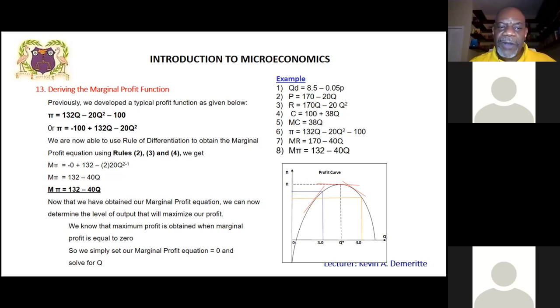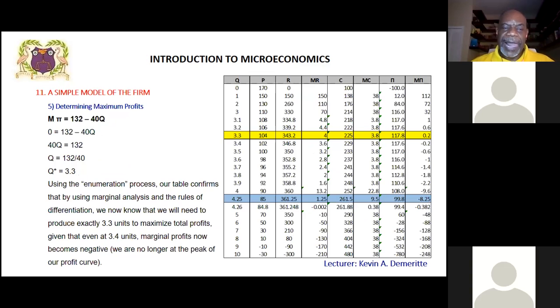So if my marginal profit equation is the way I calculate the slope, and at the top of that curve the slope is equal to 0, then what I need to do is set my marginal profit equation equal to 0 and see if I can use that to solve for Q. Right. So I take my marginal profit equation, 132 minus 40Q, and I set it equal to 0. I said 0 equals 132 minus 40Q.